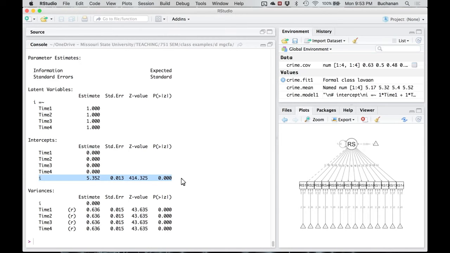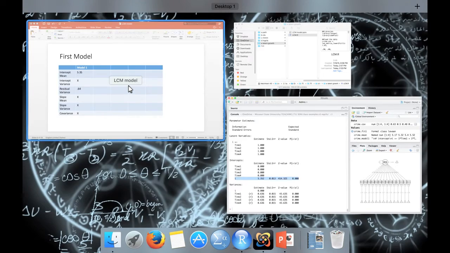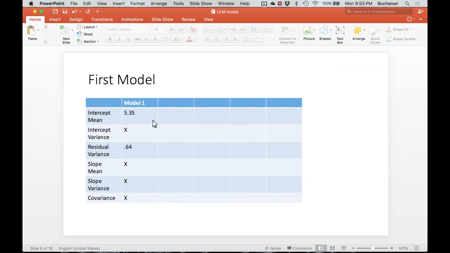The I-intercept is the mean. So the mean of the score across time at the moment is 535. All of my residuals are currently 0.64. So what I've done is include those two estimates. The rest of these are blocked off because we haven't included them yet. And so we have an intercept mean and a residual variance at the moment.